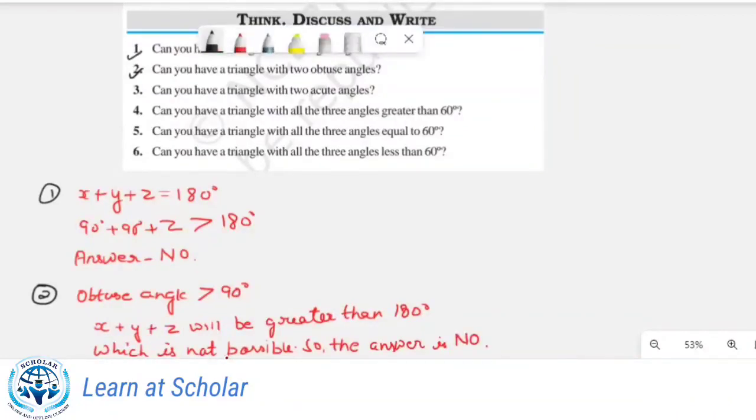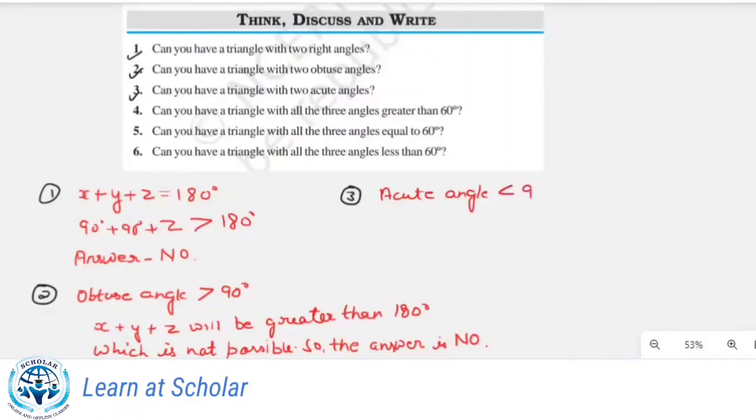The third one, can you have a triangle with two acute angles? Acute angles are less than 90 degree. The sum of all the three angles of a triangle is 180 degree.